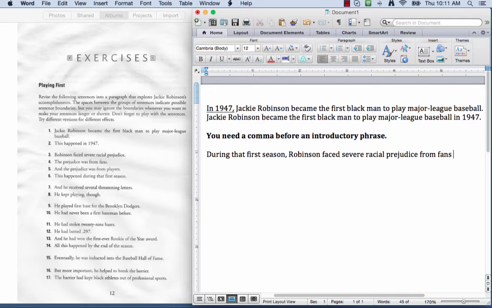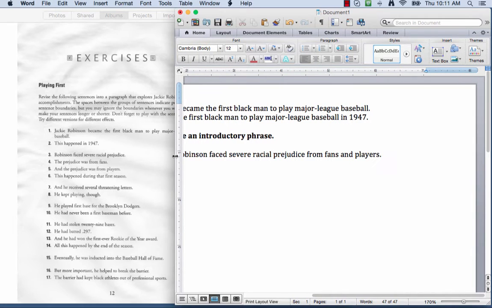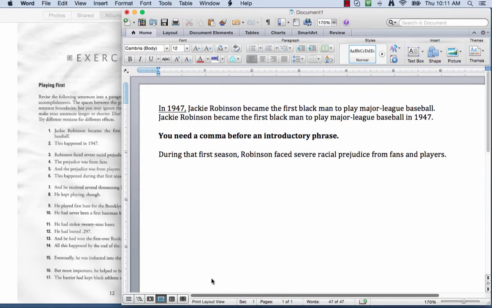And notice the prejudice again is from players. So we have taken one, two, three, four sentences and made it one.